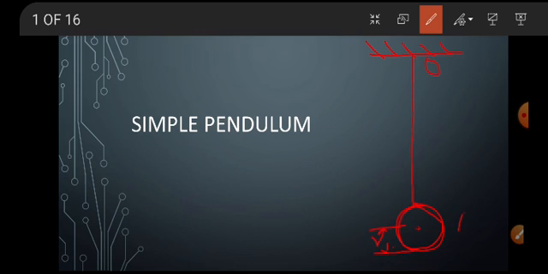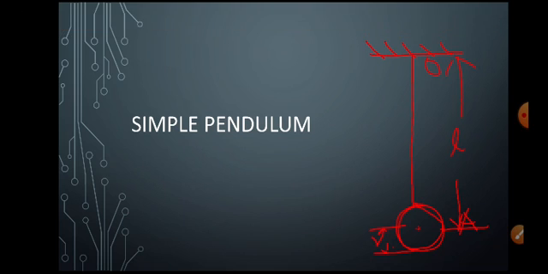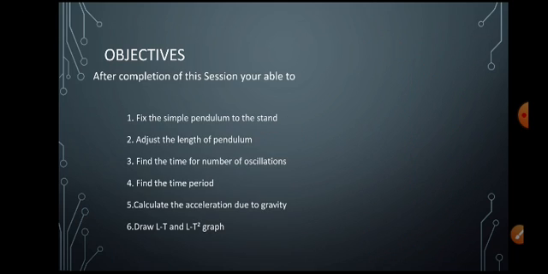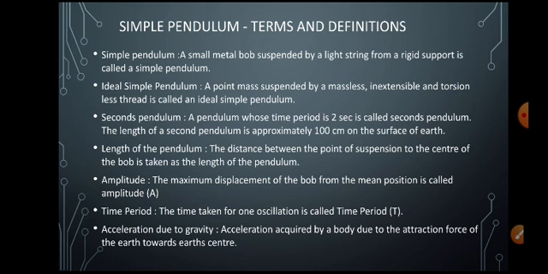For example, consider the center is at A. The distance from the rigid support to the center of the bob is called the length of the pendulum. The length of the pendulum is taken as the distance between the point of suspension and the center of the bob.